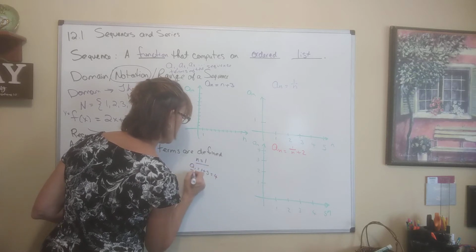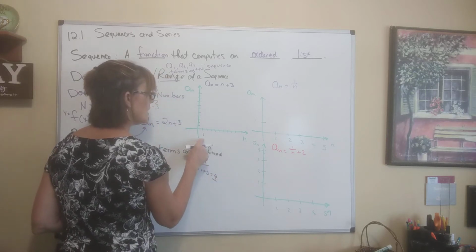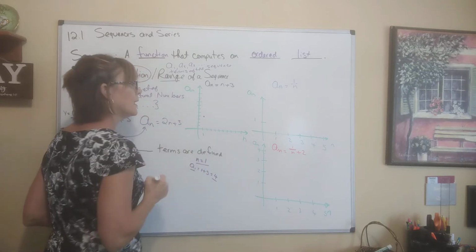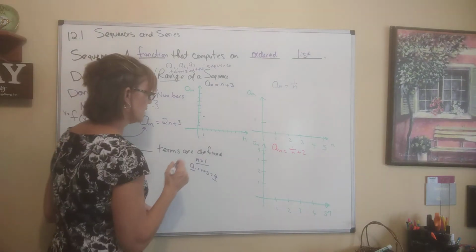So when n is 1, a sub 1 is 4. So 1, 2, 3, 4 is the first place we'll put a point on this graph. Okay, so this is 4.